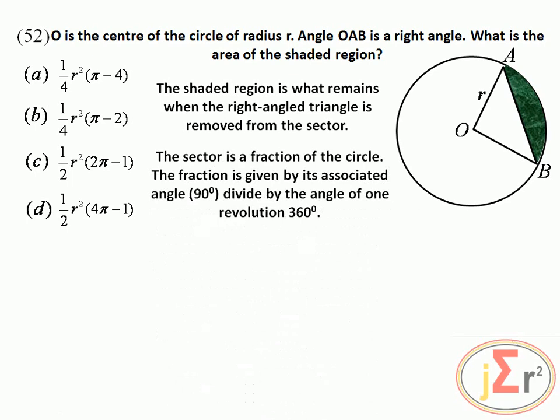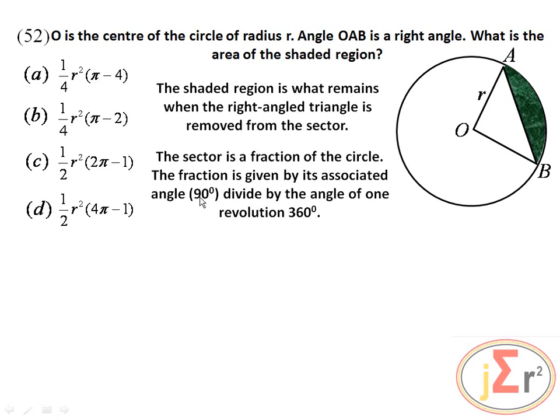The sector is a fraction of the circle. The fraction is given by its associated angle divided by the angle of one revolution. So, since it is a sector, it is a fraction of a circle, and the fraction that we are going to take of the area of the circle will be dependent on the fraction that its associated angle represents.